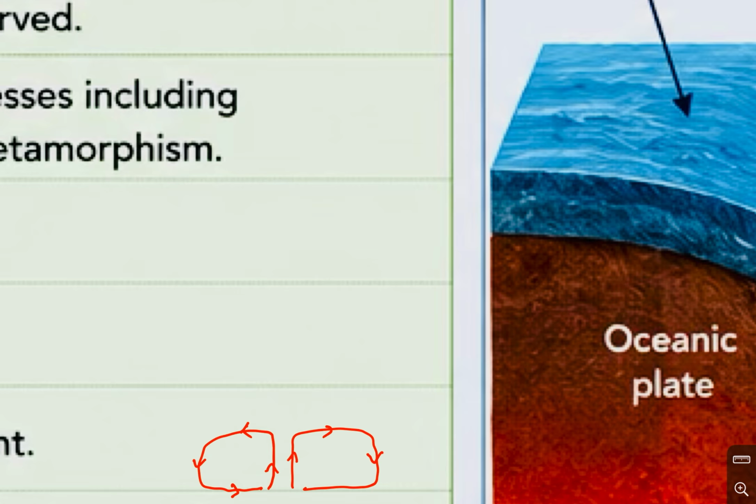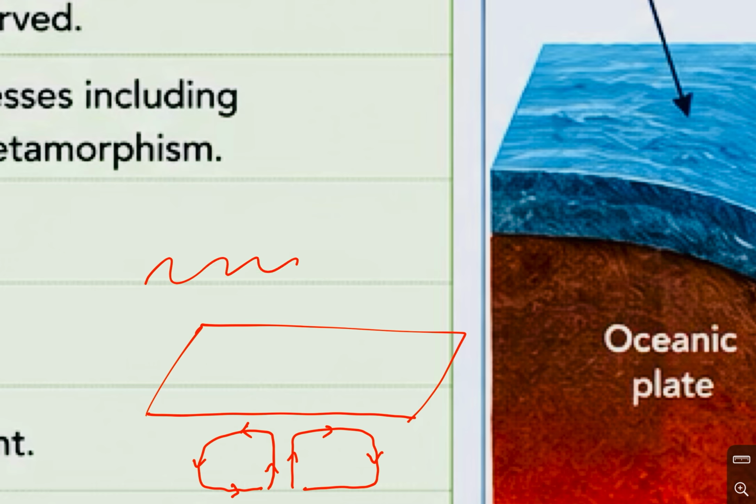So what happens? Suppose this is an oceanic plate. This is the ocean, and here this is the continental plate. Now when this magma rises, it can crack this plate. So what happens is this starts looking like this.